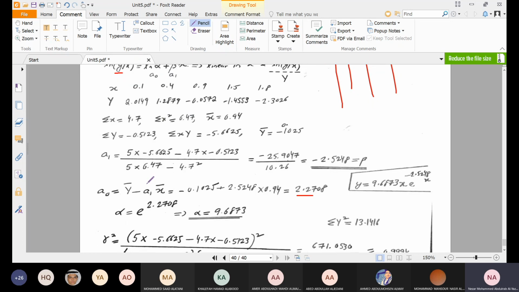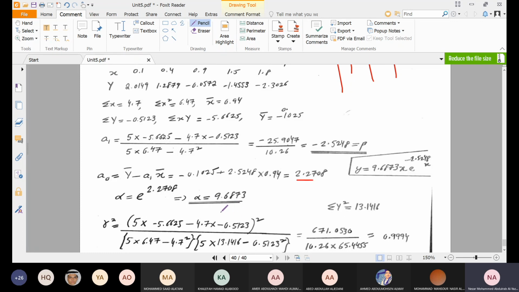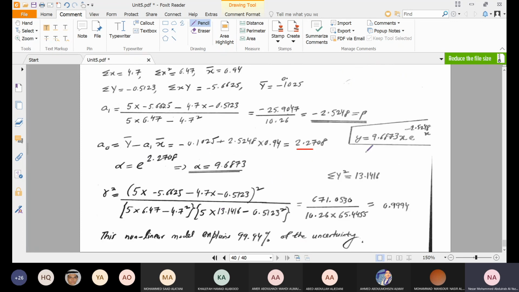So we compute this, apply the exponential to find alpha, and after that we substitute in the model that we have. This is the model that we have. For finding the goodness of our model, we just use this formula.